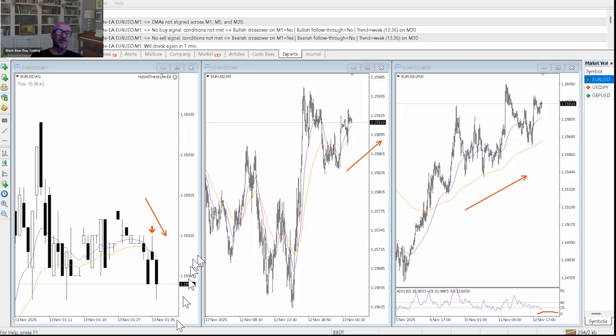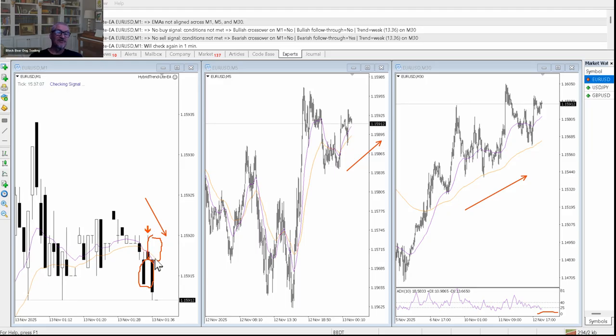We do have a crossover, but our price bars are not following through because we have a good bullish bar that turned into a bear bar that then became bullish and caused the crossover, but it closed at the same level as the prior bar. So at this point in time, this is not a trade to take.